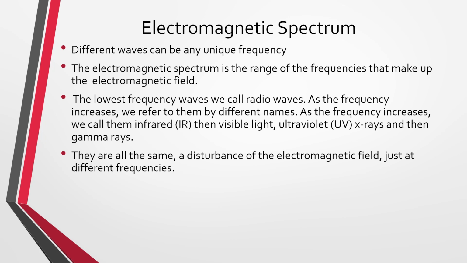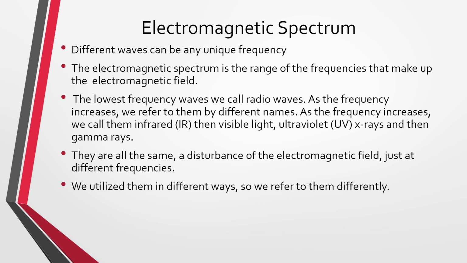So we utilize them in different ways, or we refer to them differently. The reason that we perform different tasks with the different sections of the electromagnetic spectrum is because they have different properties.